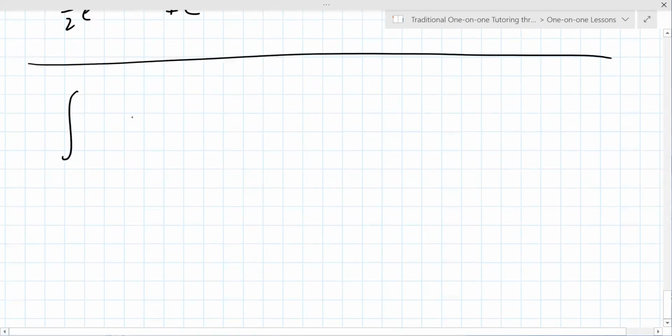Integral of 1/(5x minus 7) dx. Do you want to try this one on your own? Yes.